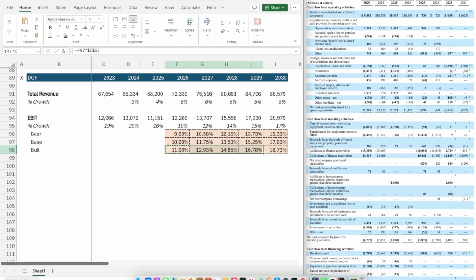Make sure the correct switch is activating it. And this should now equal. We're going to say, let's say 15.5 here. So we're expecting the EBIT margin to expand.